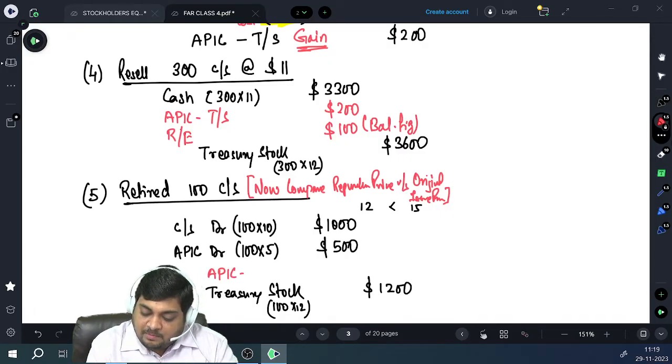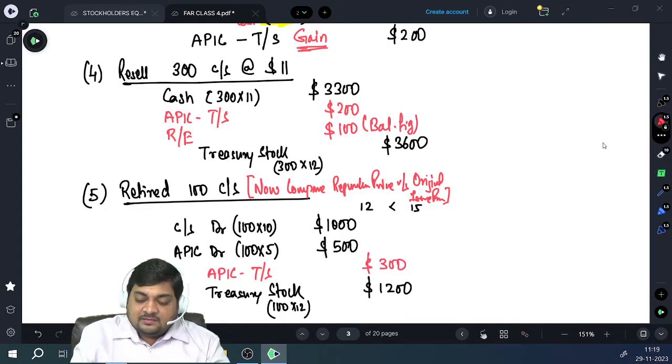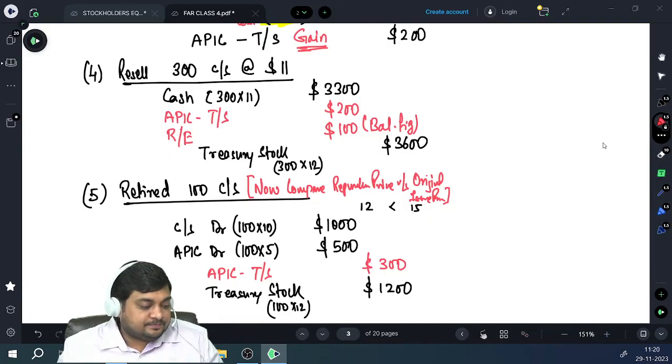So additional paid in capital treasury stock will increase. Sir, please explain once more.